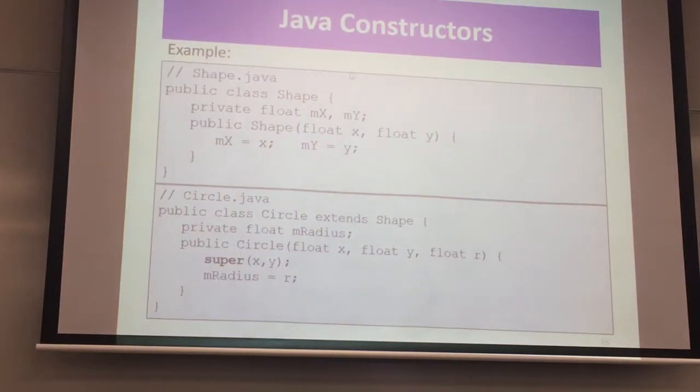So if we look at the shape and circle, as you can see, we have the constructor for shape, reusing code. We don't have to rewrite this. In the circle constructor, we just invoke super. Remember, it's the first statement in the constructor, and it takes one argument for the first data member initialization, and the second argument, this y, is provided as the second argument.